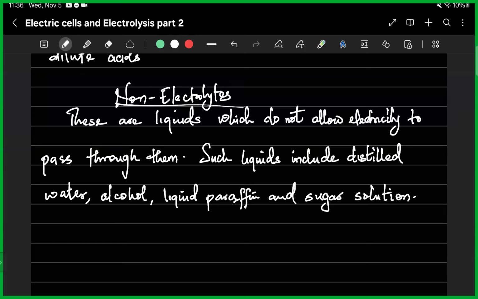Such liquids include distilled water, alcohol, liquid paraffin, and sugar solution.